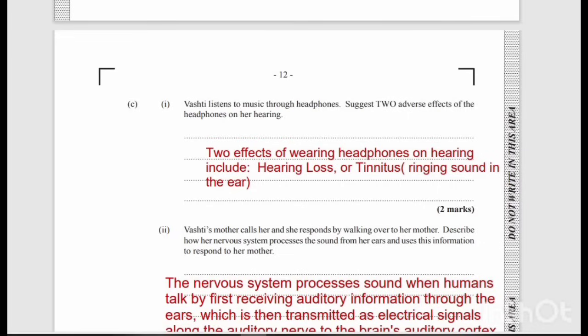Now, 2 effects of wearing headphones on hearing could include hearing loss or tinnitus, which we would recognize by a ringing sound in the ear. So those are 2 adverse effects of wearing headphones, especially for long periods of time and if you wear them frequently. So guys, give the headphones a break sometimes. Listen to the music from the speakers, not just in your headphones or your earphones.